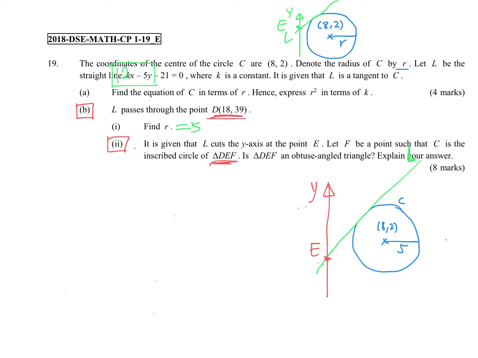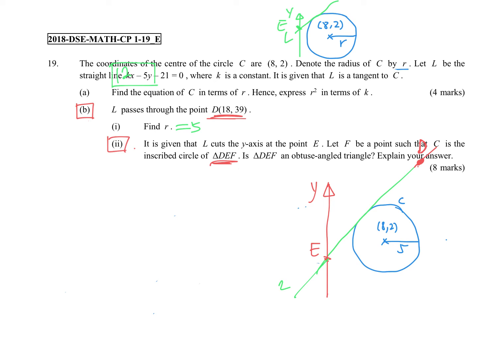So D, (18, 39), should be somewhere here then. Since L passes through the point D, so here is D. L, we need to move a little bit. Is triangle DEF?